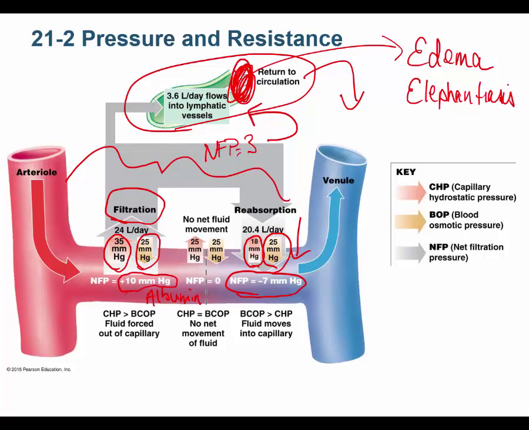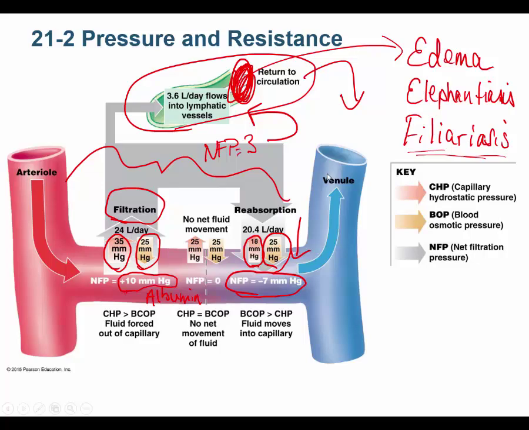These are bad edematous conditions due to worms or parasites clogging up your lymph flow. When we get to the lymph chapter, I'll show you a couple pictures of elephantiasis or filariasis. I don't know if I spelled filariasis correctly right there. I think it might be correct. All right, so that's the overall loss and gain of fluid, and the net loss yielding 3.6 liters per day, but that gets returned to my blood through the lymph system.